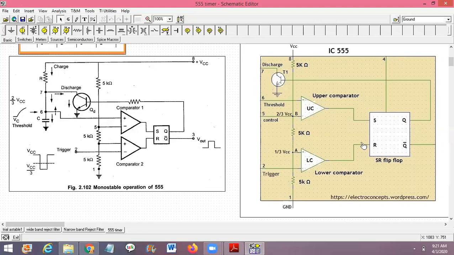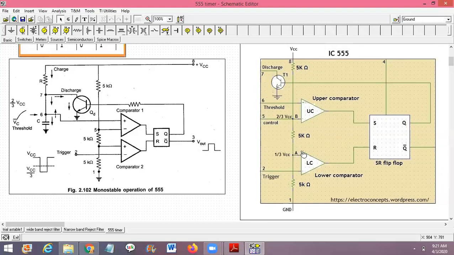So either S should be 0 or R should be 0, or either S should be 1 or R should be 1. Both cannot be 1 or both cannot be 0. That is the purpose why we are using this, and why we are connecting the reference to the inverting terminal here and the reference to the non-inverting terminal here. That is very, very important.